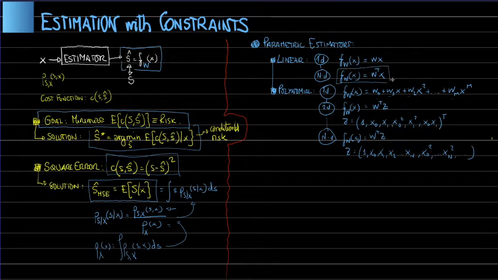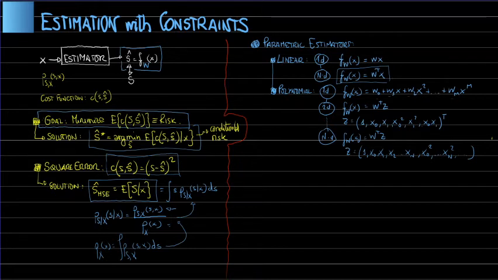So the form of the estimator will be given, but the value of the parameter is unknown. So the value of the parameter vector is the degree of freedom that we have to select the estimator in order to minimize the risk. Okay, so our goal will be to find the parameter vector.